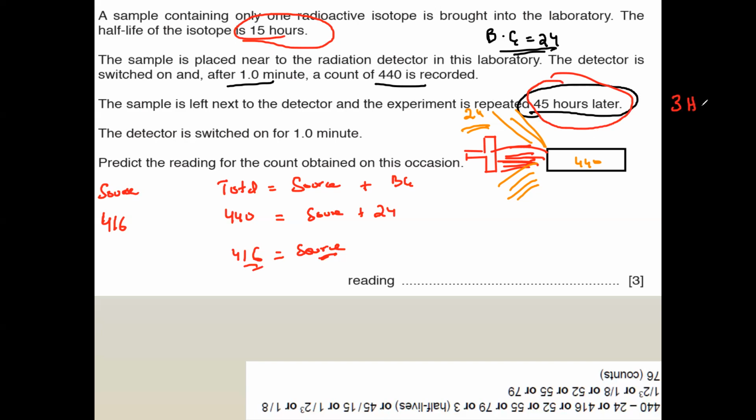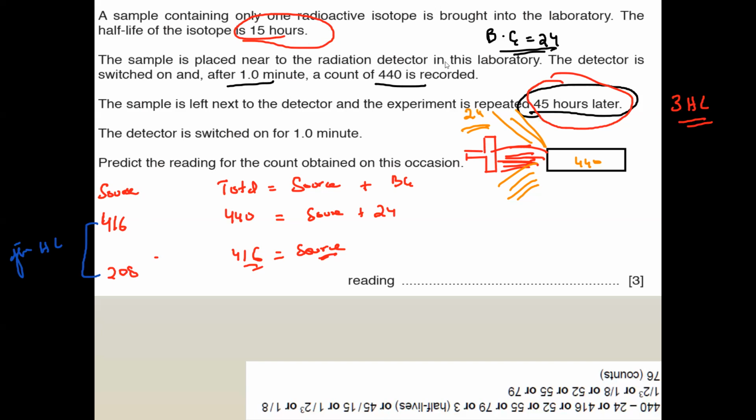How many half-lives do we need? We need 3 half-lives. After the first half-life, half of 416: 416 divided by 2 is 208.